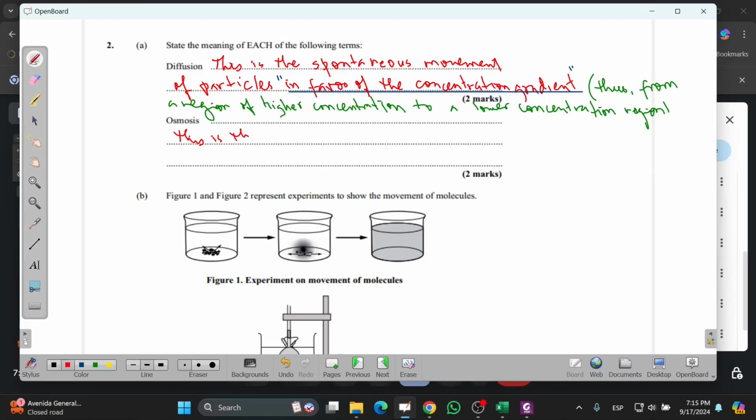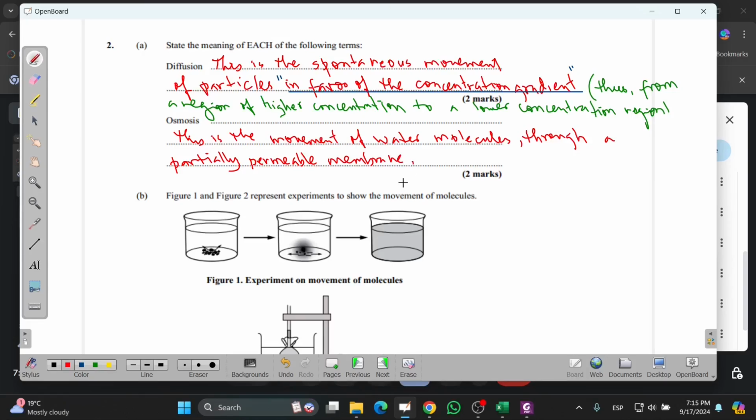This is the movement, or we can say the diffusion, right? The movement of water molecules through, don't forget to mention the membrane, right? Through a partially permeable membrane, right?